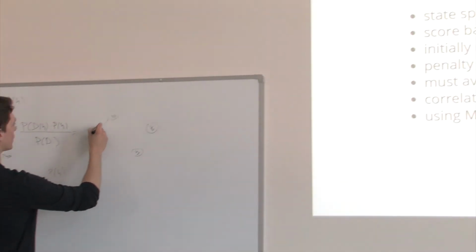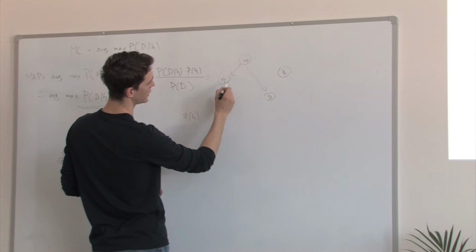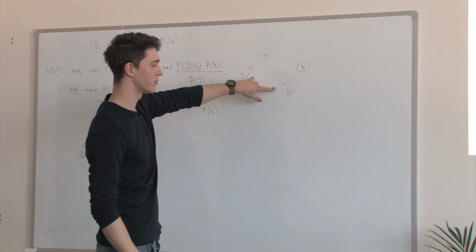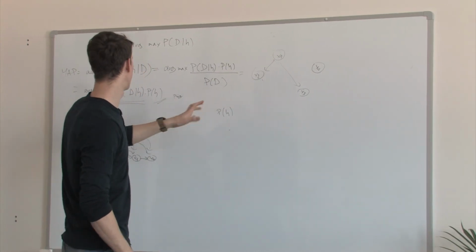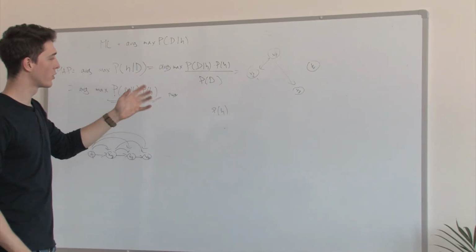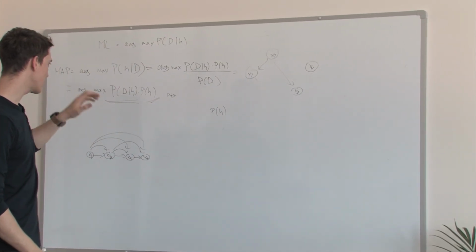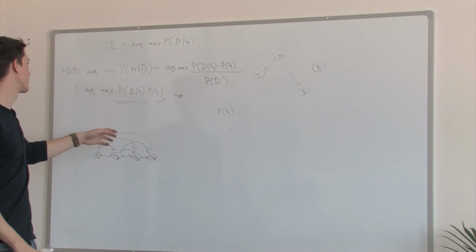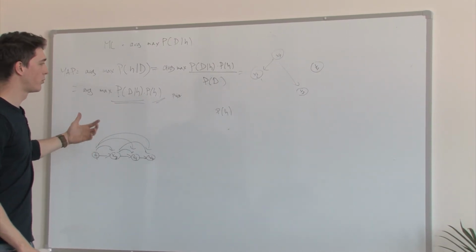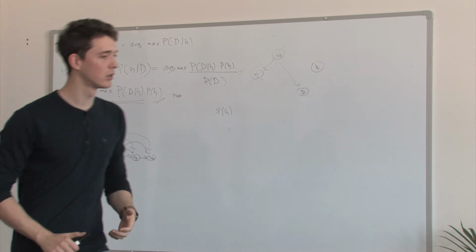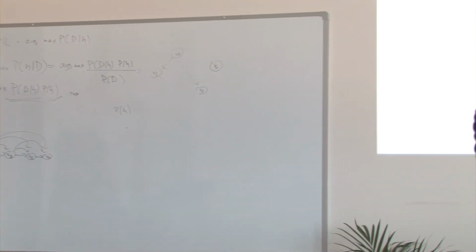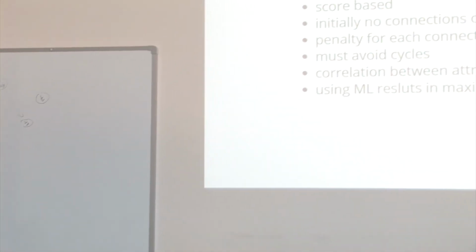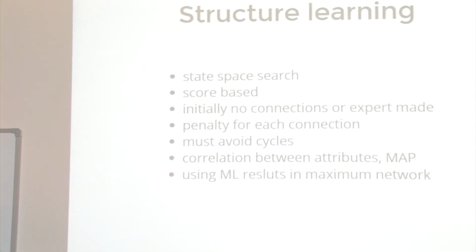Let's say the expert says, I know that these two edges should be here because I think they are important, and then you let the algorithm find the rest, the hypothesis or Bayesian network that has the maximum posterior probability. That's how we learn structures.